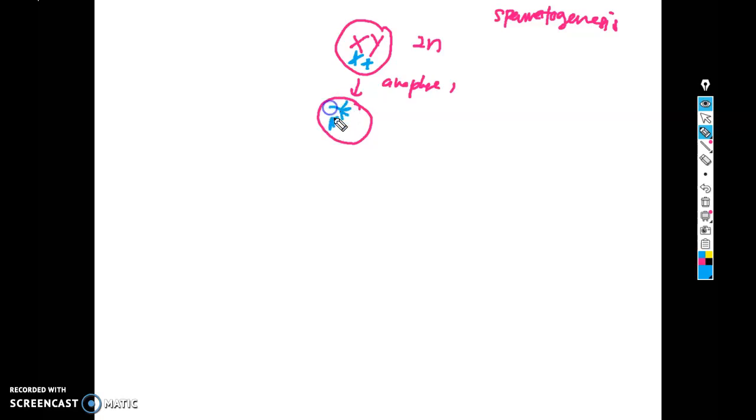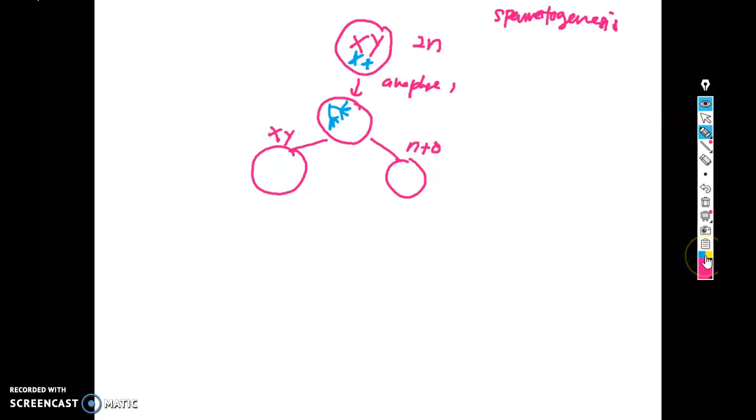So they move here, and because of that, they will produce a cell that has X and Y chromosomes.